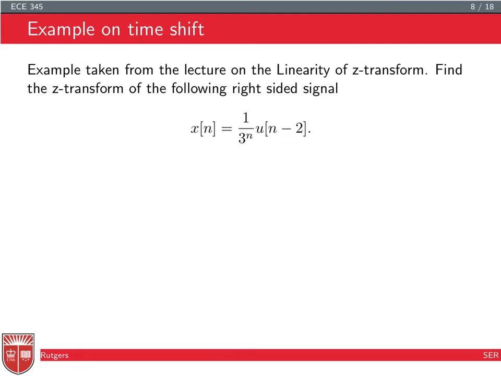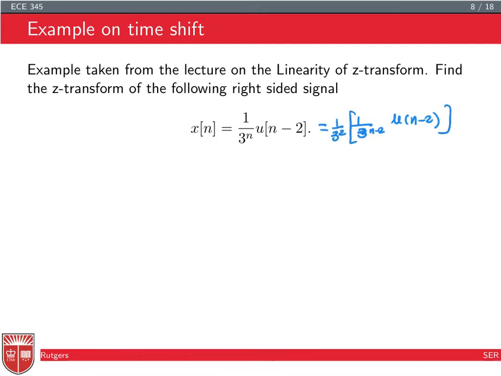So I can write x of n here. You can see that there is a shift in the u, and this is what I want to leverage. So I can write x of n as (1/3)^(n minus 2) u[n minus 2], so everything is shifted by 2. But to match what x of n is, I have to write it as 1 over 3 squared times this signal.